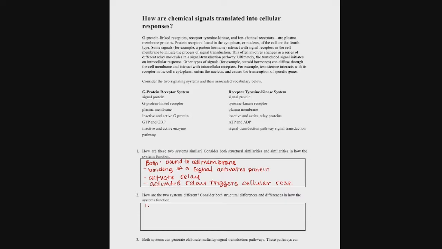So for number 2, one main difference is that the G protein linked receptor is a single unit, so G protein is one unit.